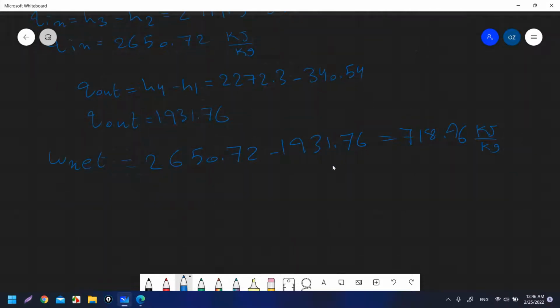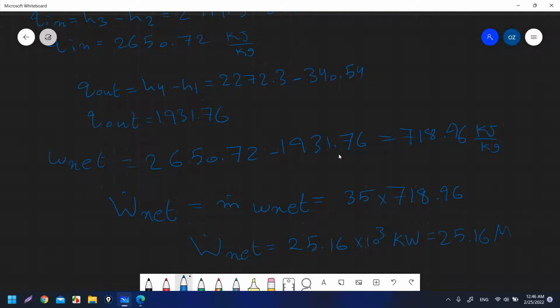Okay, finally I can say that what is required in the question, W dot net output, is equal to M dot times W net. M dot given in the question is 35, times W net 718.96, and this will give you that W dot net is equal to 25.16 times 10 to the power 3 kilowatt.